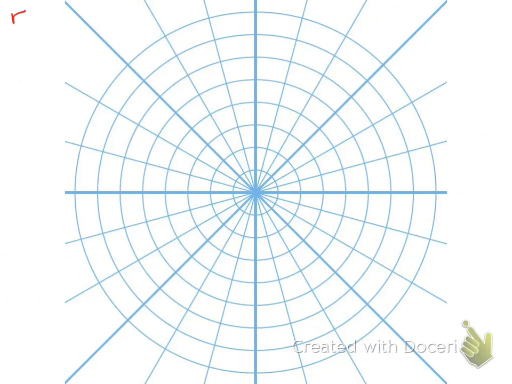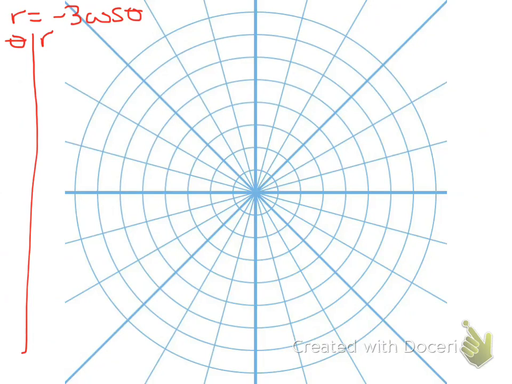This is example 6, and we're going to do r equals negative 3 cosine theta. Okay, same idea. We're going to make a theta r table. So, go ahead, pause it, make a theta r table, and go all the way around the entire unit circle. Okay, I lied. You don't have to go all the way around the entire unit circle.